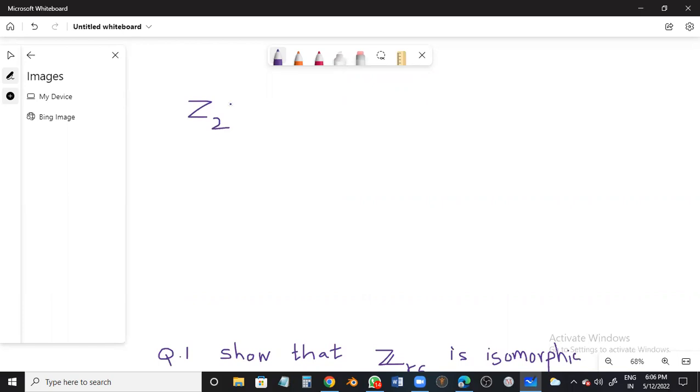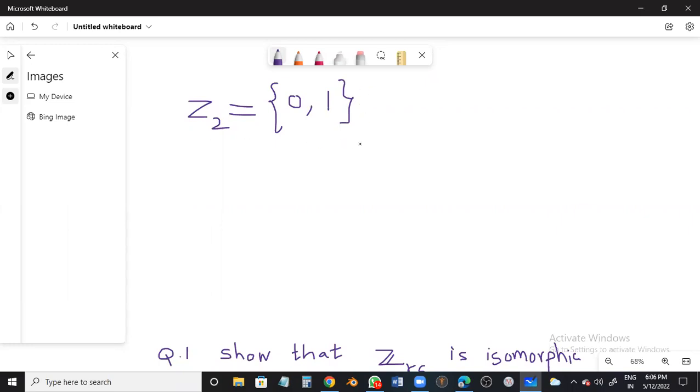So what is Z2? Z2 means the set of all integers which leave remainder after division by 2. So if the number is divisible by 2, we call it 0. And if the integer is an odd integer, we know remainder will be 1.